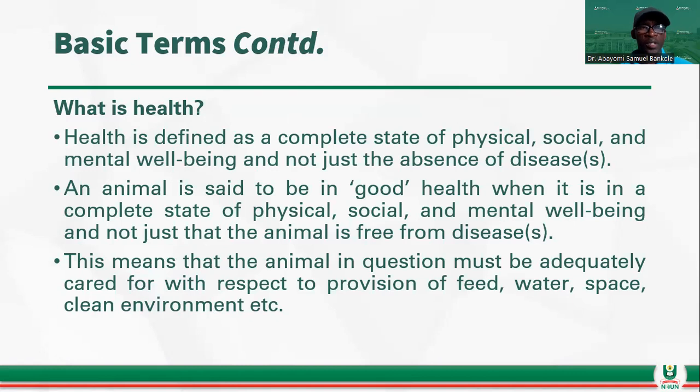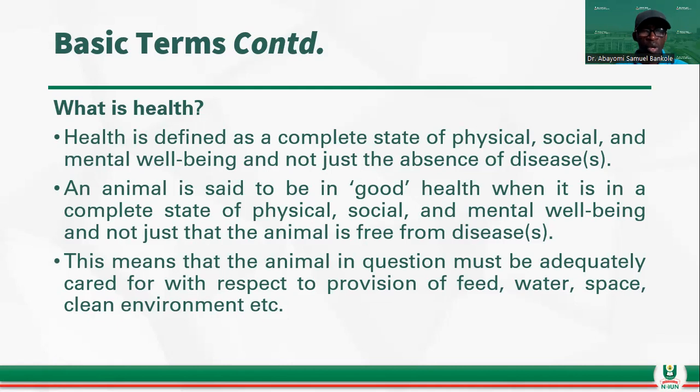So what is health? Health is defined as a complete state of physical, social, and mental well-being, not just the absence of disease or diseases. And so when you say an animal is in good health, what it means is that that animal is in a complete state of physical, social, and mental well-being, and not just that that animal is free from disease or diseases.